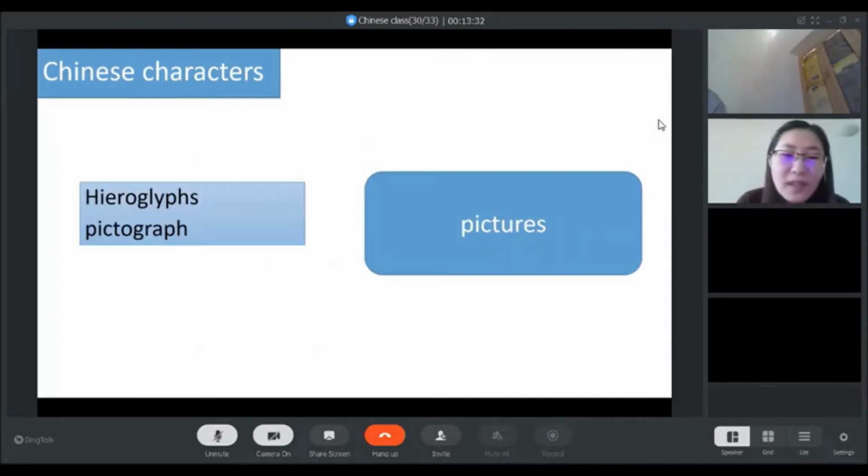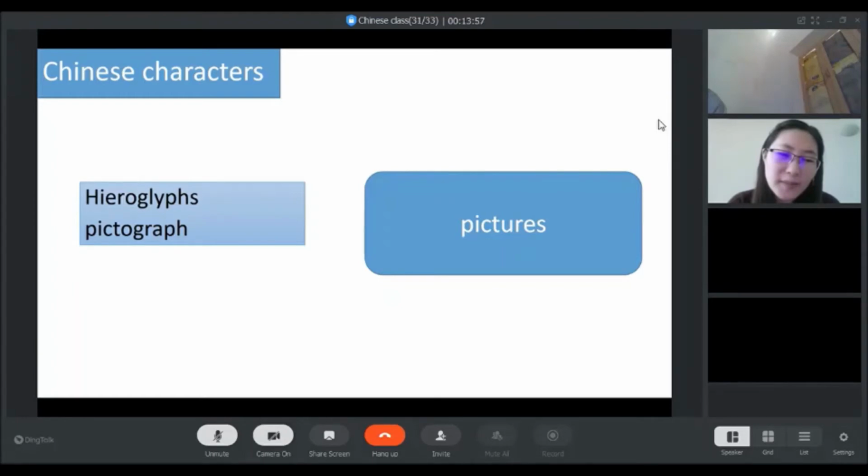So here, for the Chinese characters, the basic Chinese words are single component words. And for the single ones, most of the original words of Chinese characters come from pictures.